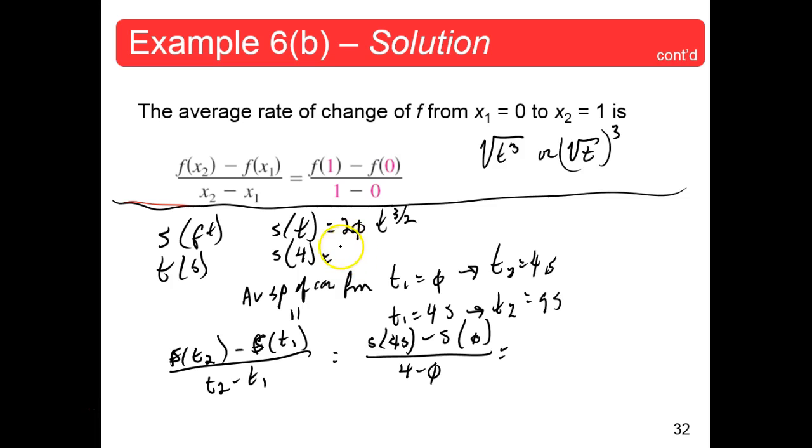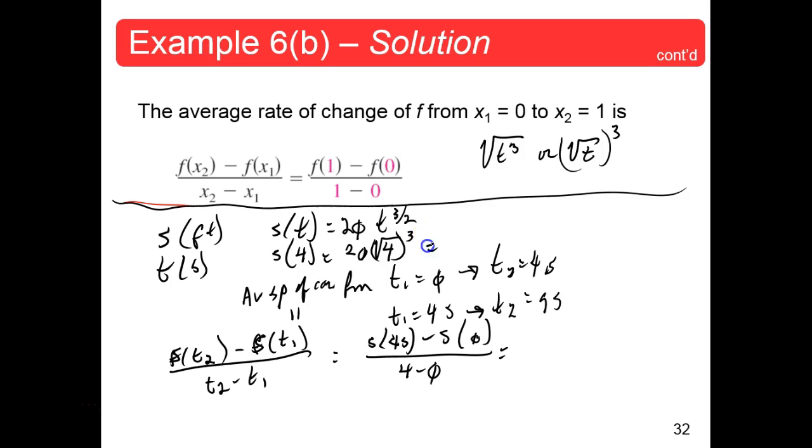$20 times 4 to the 3 halves, cubed. I want to do the square root first and then cube the square root, because I'm lazy and the numbers are smaller this way.